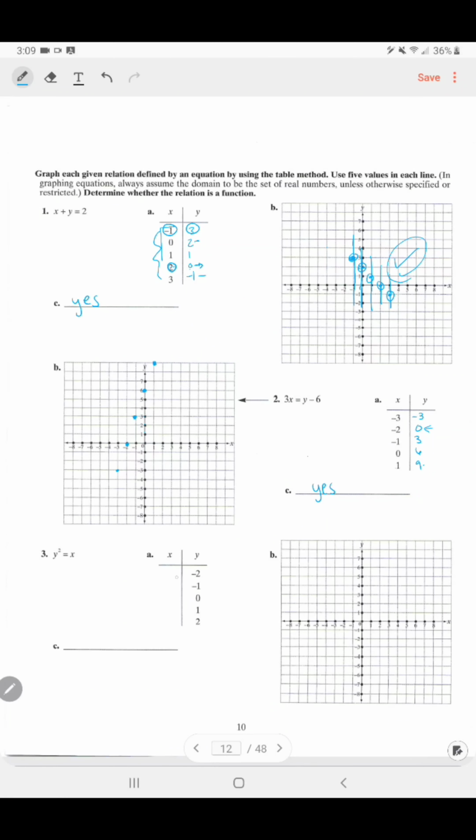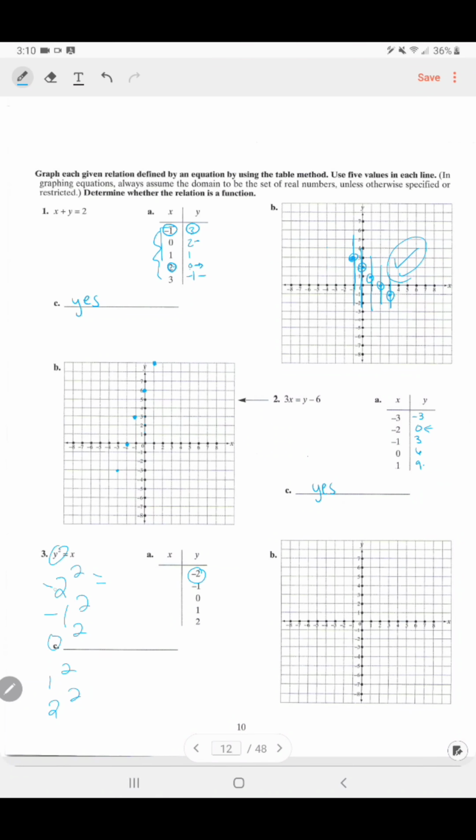So for this one, they didn't give us the x's, but you're going to do the same thing. Plug in the y to get your x. So what you're going to do is plug in negative 2 here. So you're basically going to do negative 2 squared, negative 1 squared, 0 squared, 1 squared, and 2 squared.